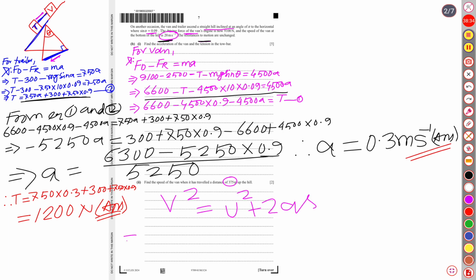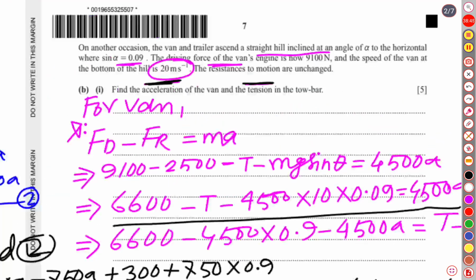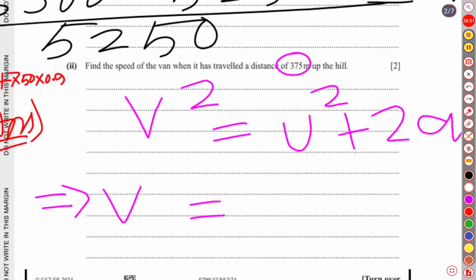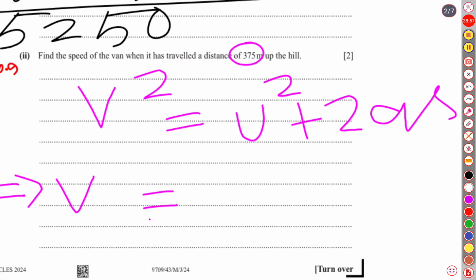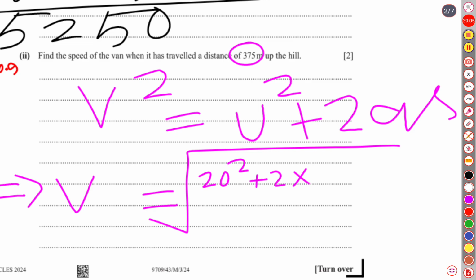Hence our final velocity v is equal to, the initial velocity u was 20, as we have seen. So v is the square root of 20 square plus 2 into acceleration, which is 0.3 we have just obtained, and displacement was 375 meter.